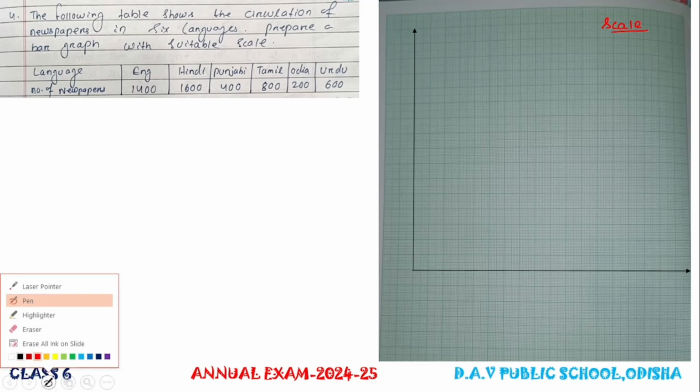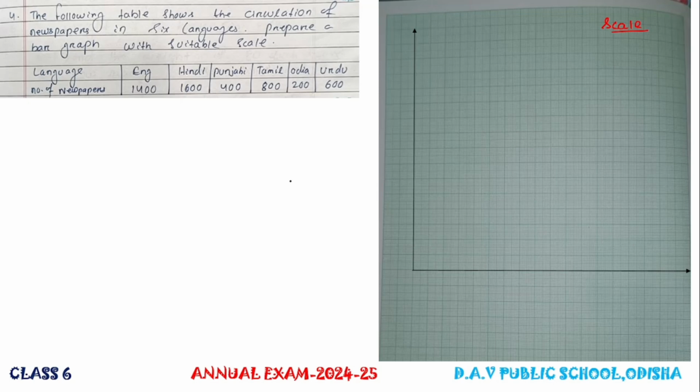So here we write down language, and here we write down number of newspapers. Now, for the scale, check 1400, 1600, 400, which means a gap of 200.